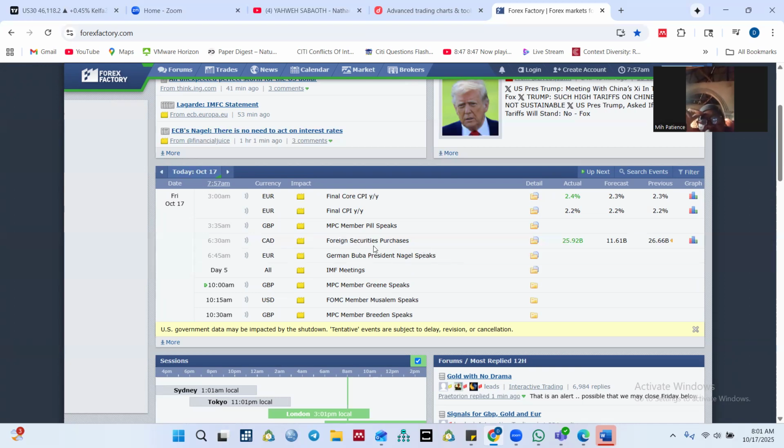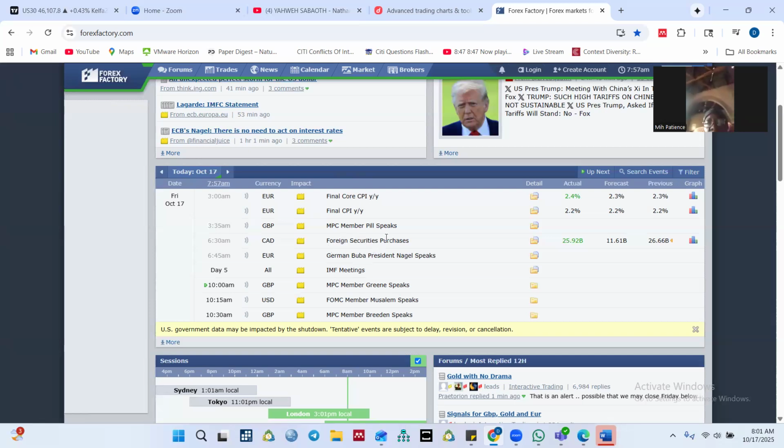But always the technical analysis is kind of the top priority for most forex traders. Because even if news comes in, news shortens the time it takes for the market to move.